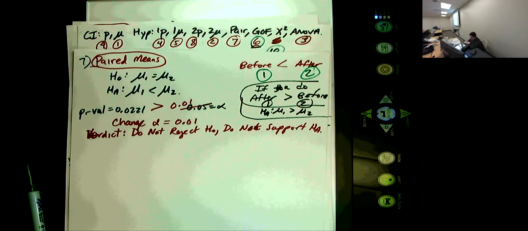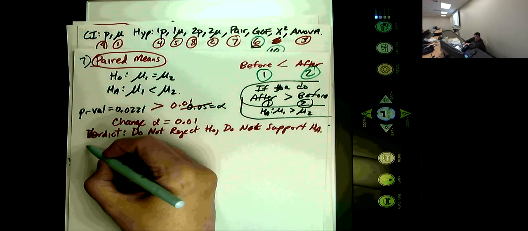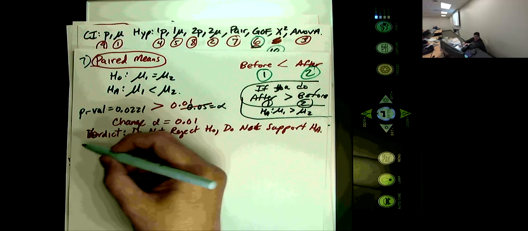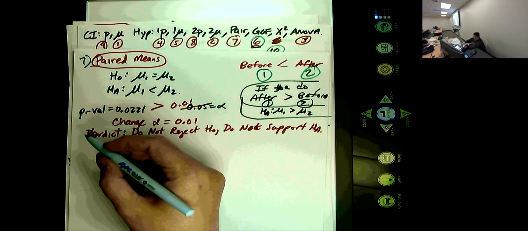HA was before is less than after, but what HA really was is the sales program effective in increasing sales? So I can just steal the question that says test the claim.